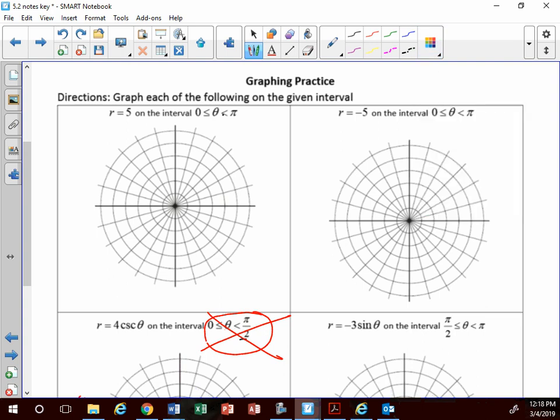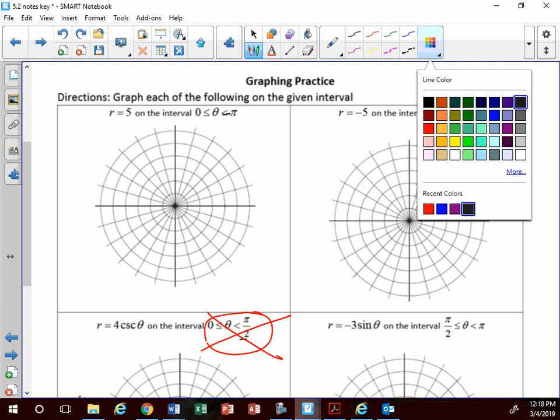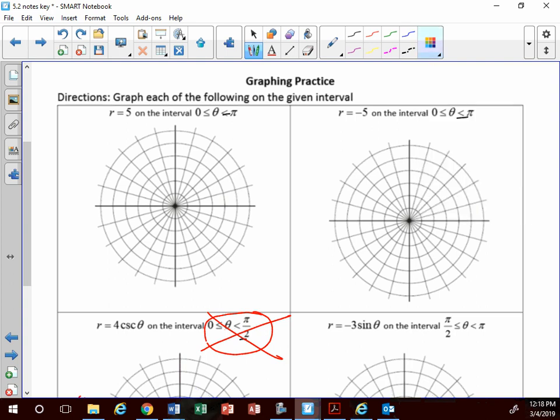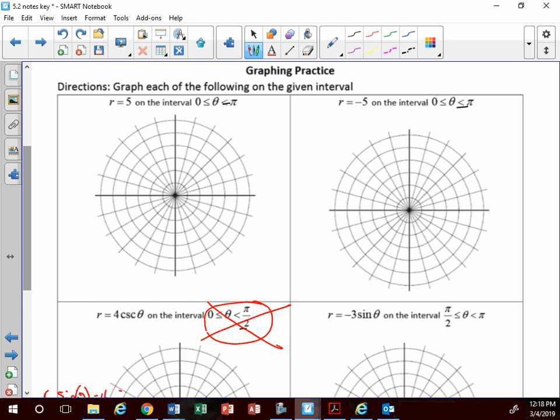Yes. Alright, so the first one, r equals 5, and then I gave you this interval 0 to pi. What is r equals 5, if you forget about the interval? Circle, okay? Radius of 5, centered at the pole, good. I'm telling you I only want you to graph it from angles of 0 to pi. What do you think that means? Okay, this one ends up being half a circle, yes.